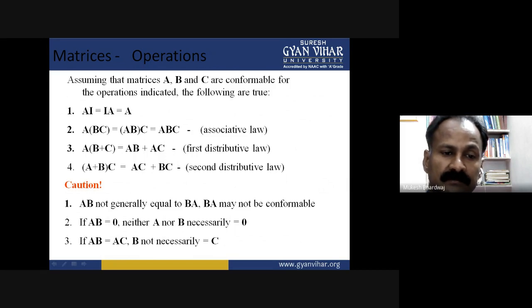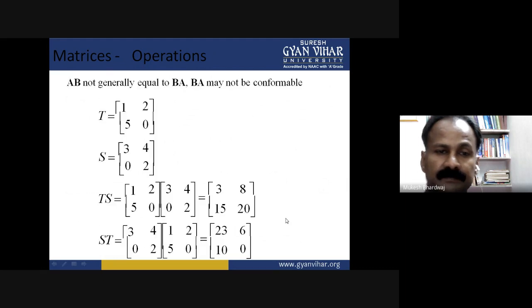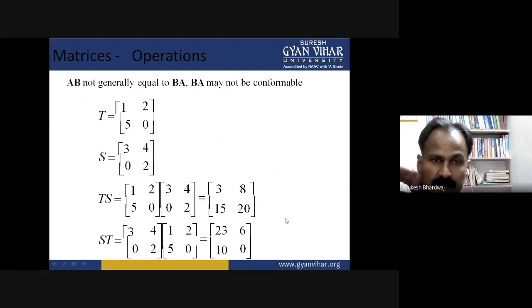These are some fundamental properties of multiplication. Next, AB is not generally equal to BA, and BA may not be conformable. To see this result, let's suppose a matrix T of order 2 by 2, with elements 1, 2, 5, 0, and a second matrix S of order 2 by 2 having elements 3, 4, 0, 2.